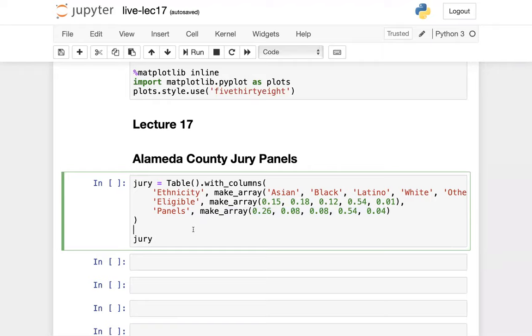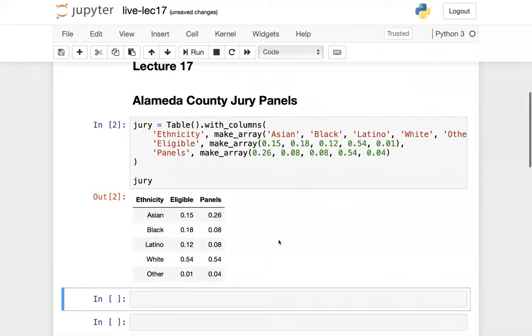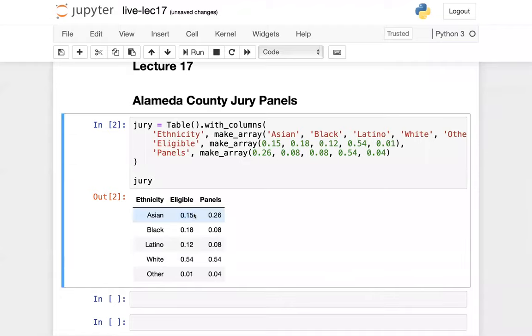So let's take a look at all of these together. So we can now see them side by side. So again, here, 15% of the population that's eligible is Asian, but 26% of the population that was actually on the panels was Asian. 18% of the population that's eligible is Black, but 8% of the panels were actually Black, and so on.